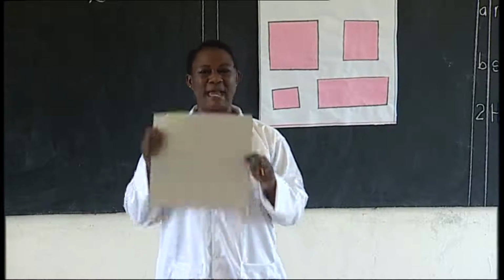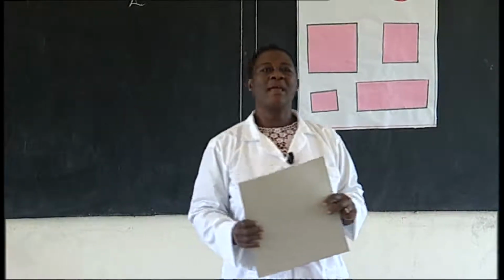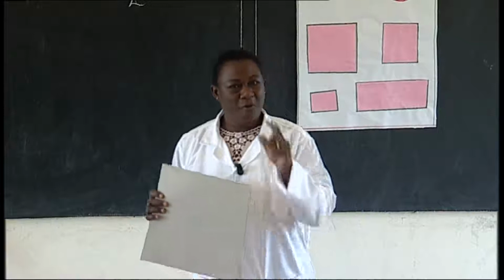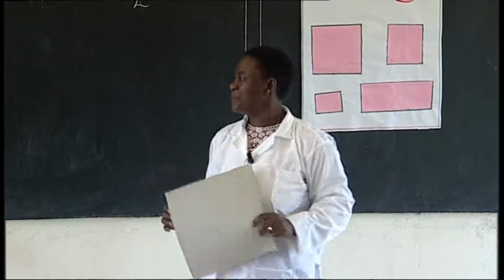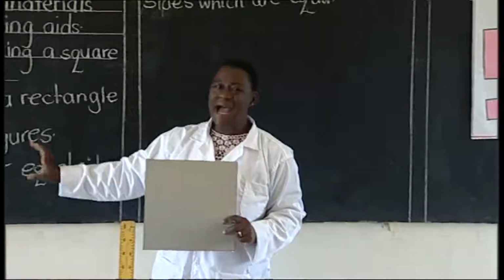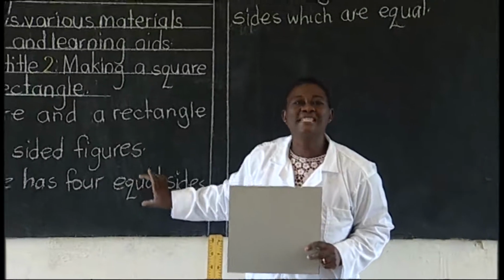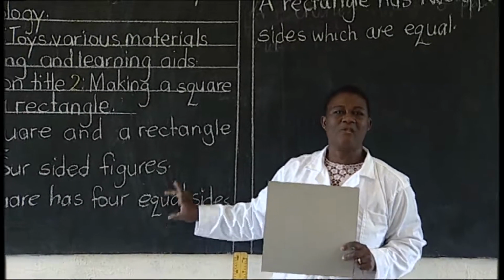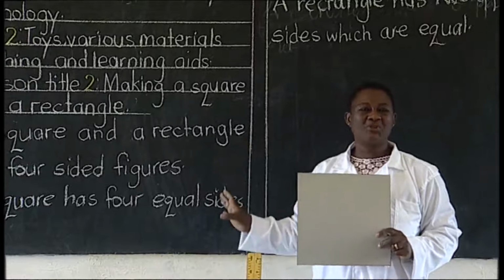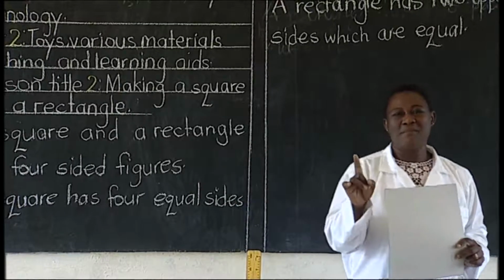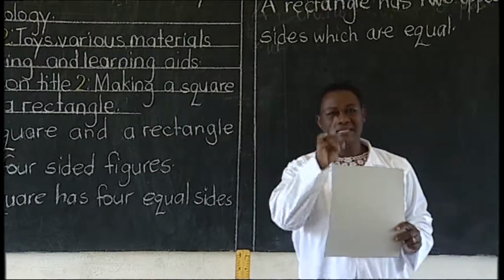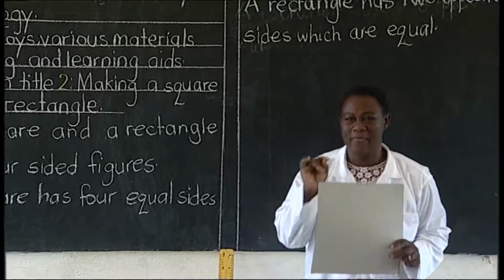So we are going to make the square and the rectangle. Remember what we said? A square has 4 equal sides. So when you are measuring, make sure that you take the same measurements on all sides. Is it clear?